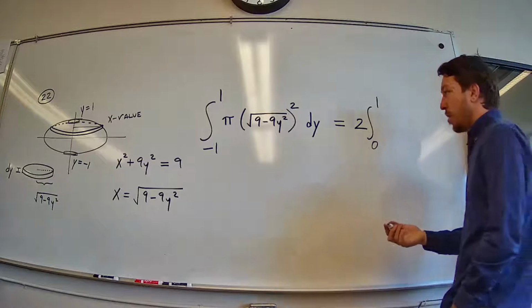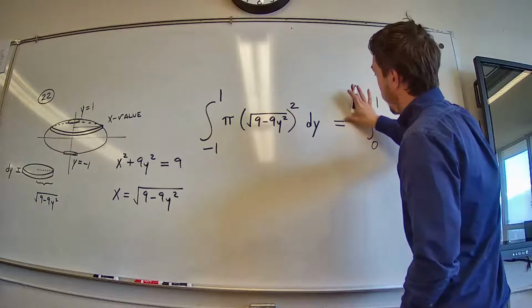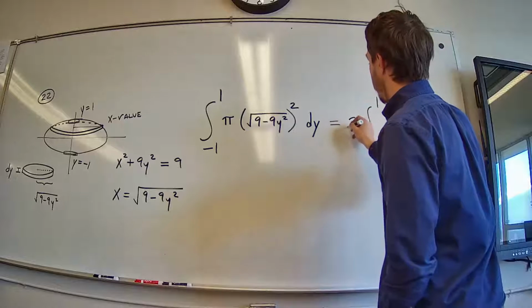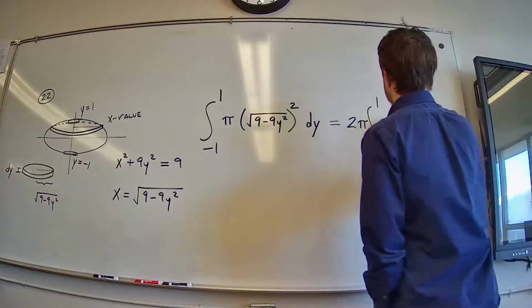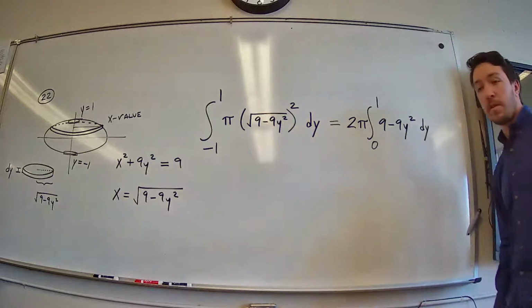And I could also take the pi out while I'm at it. So move the pi out and also double it. So it's 2 pi out here now. And inside I've got 9 minus 9y squared.